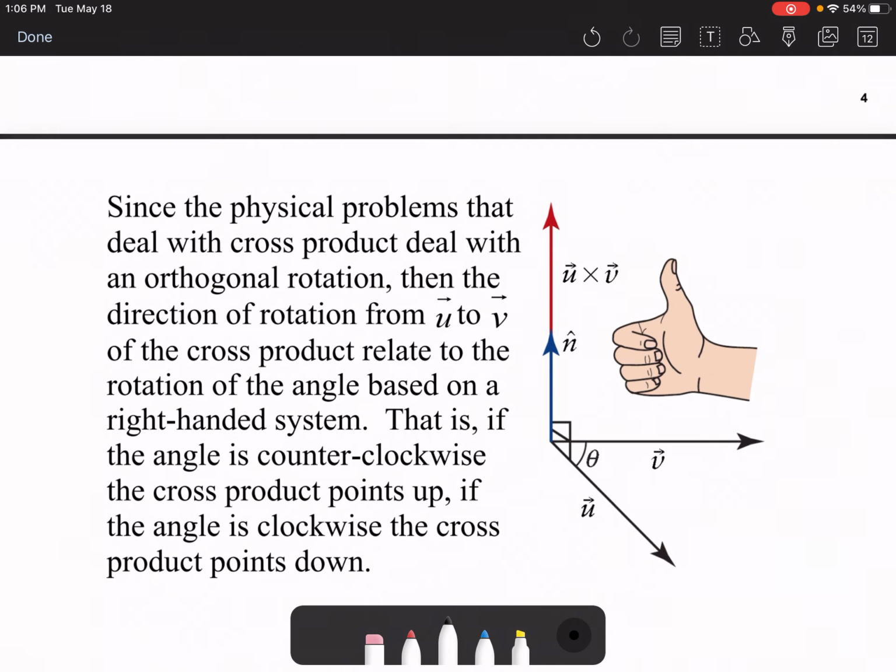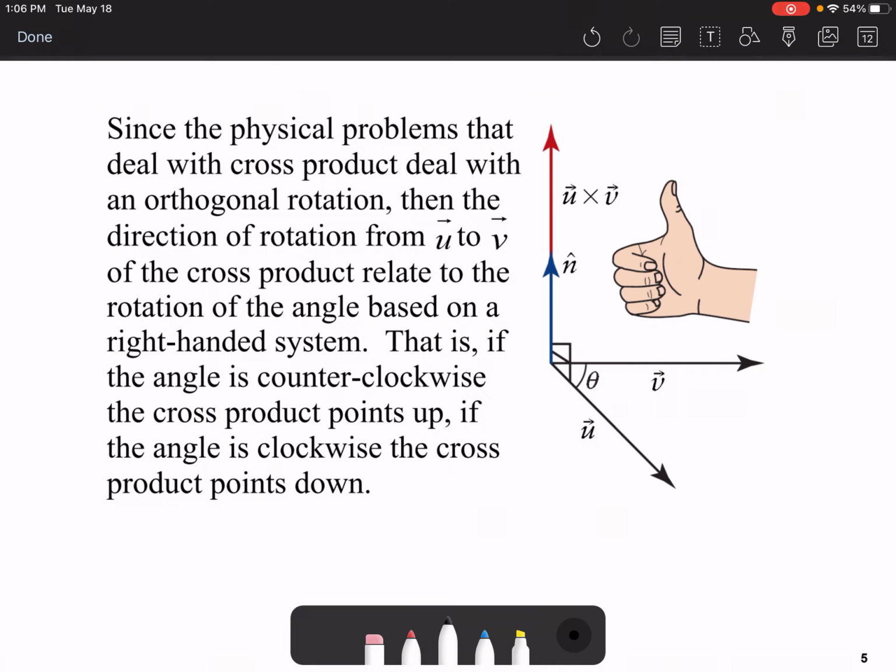Okay, since the physical problems that deal with the cross product deal with an orthogonal rotation, the direction of the rotation from u to v of the cross product relates to the rotation of the angle based on the right-handed system. That is, if the angle is counterclockwise, the cross product points up. If the angle is clockwise, the cross product points down.